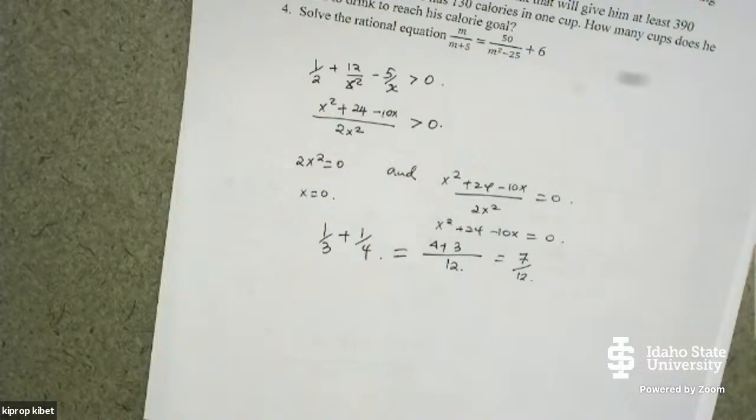Now, let's say you want to remove this denominator. What can you do to remove this denominator? You multiply by what? 2x squared, right? And 2x squared is our least common multiple.